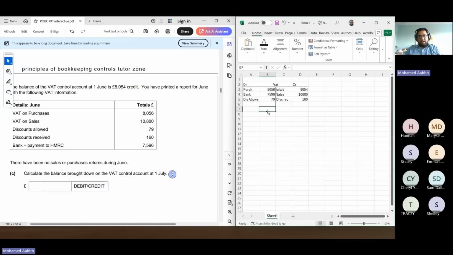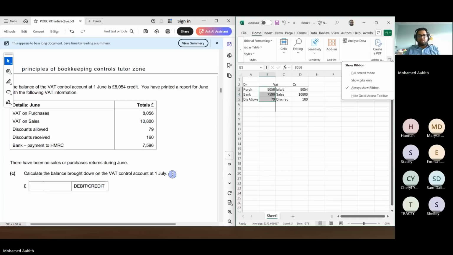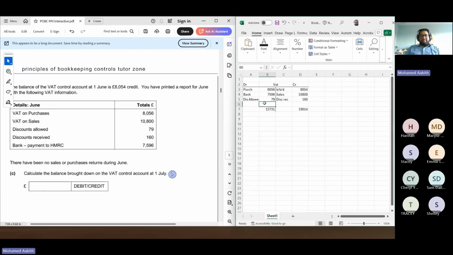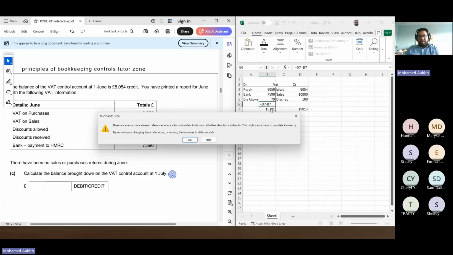So once we've done that, let's total these two columns up. Done the total now. So the difference between them is going to be equal to this minus that figure.